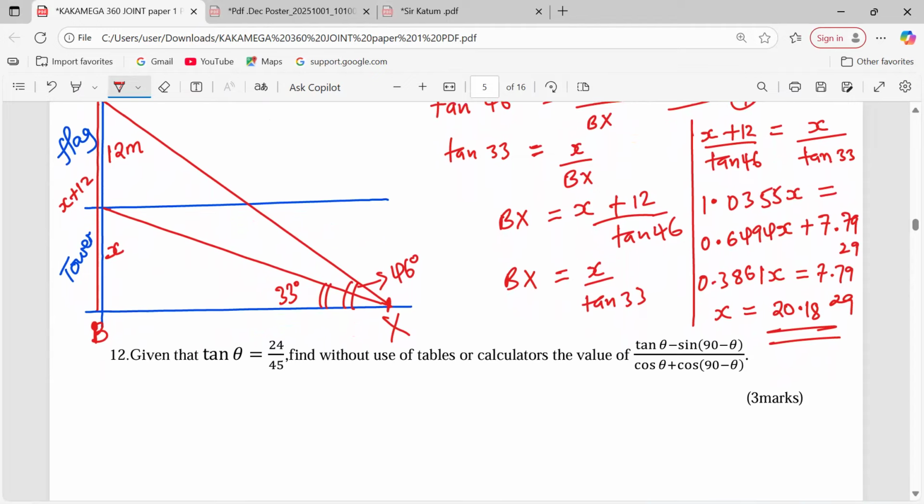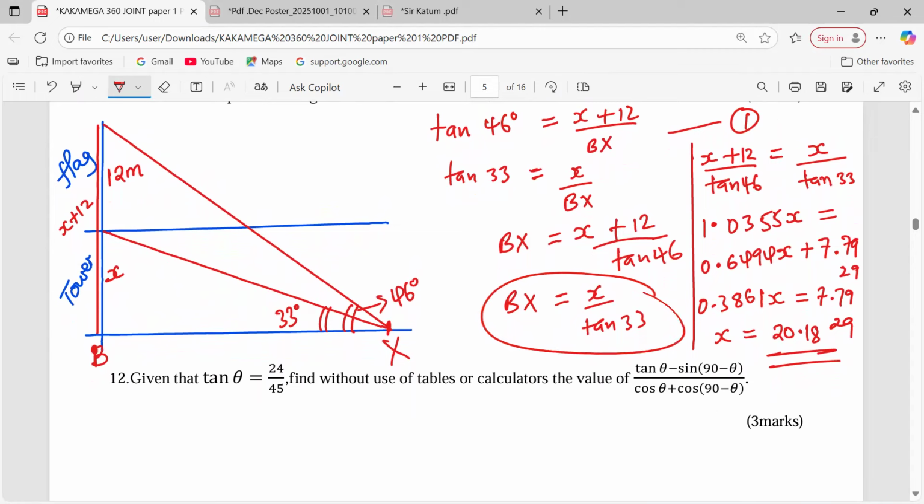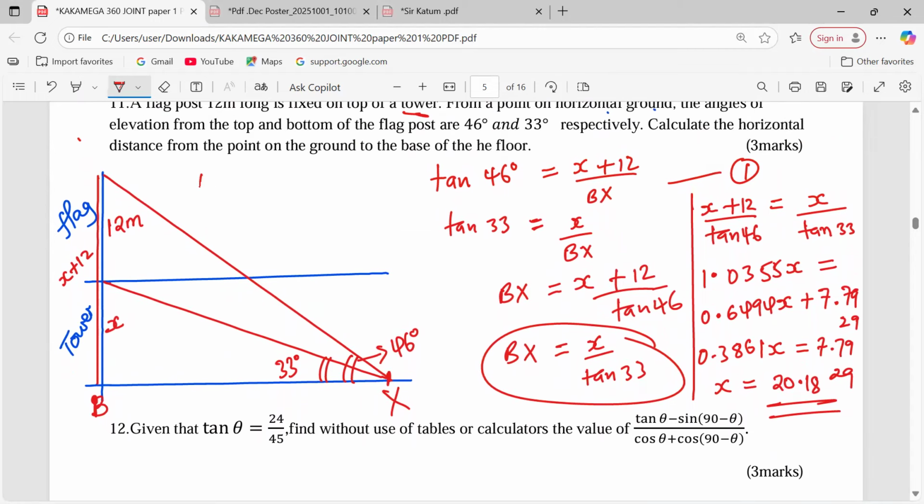If it's 20.18, then we can get bx. This is an expression for bx. So bx shall be this value out of tan 33. So divide by tan 33.